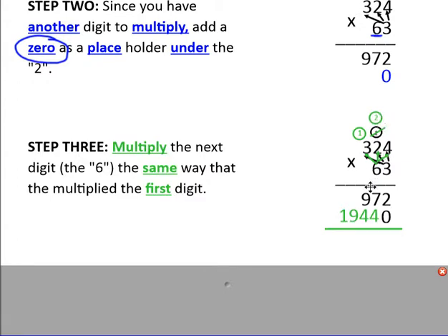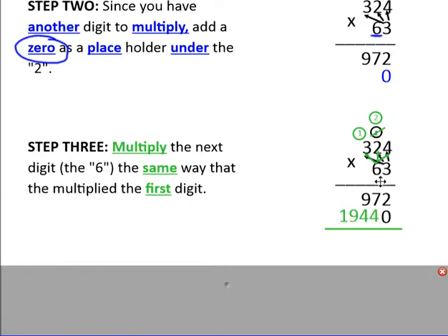So I carry my 2 and I put my 4 down here. 6 times 2 is 12. But I have this 2 that I carried. So 12 plus 2 is 14. So I carry my 1, put my 4 down here. And then 6 times 3 is 18. But I have my 1 that I carried. So 18 plus 1 is 19. So I put my whole 19 here.